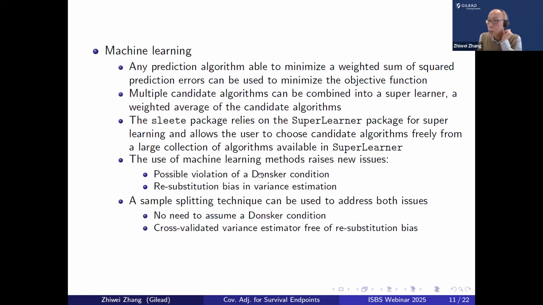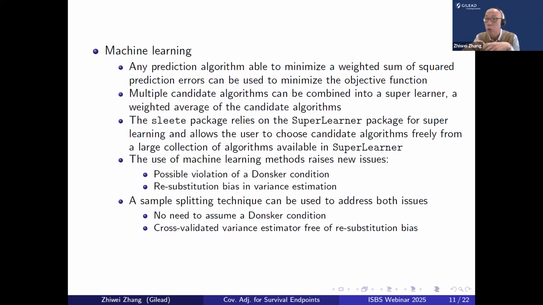First, it threatens to violate a Donsker condition that's commonly assumed in this kind of asymptotic theory. Basically, the Donsker condition says that the machine learning algorithm cannot be too complicated, meaning that the class of functions we're dealing with cannot be too large.